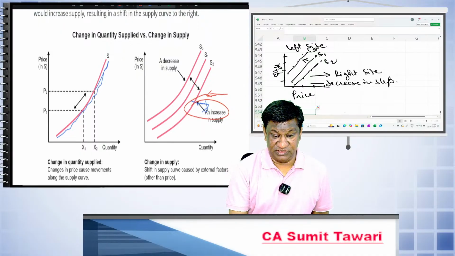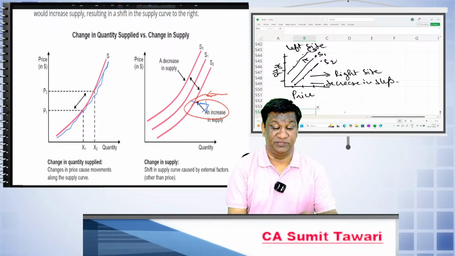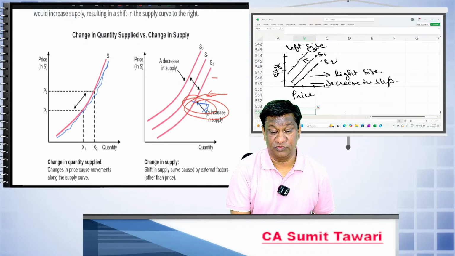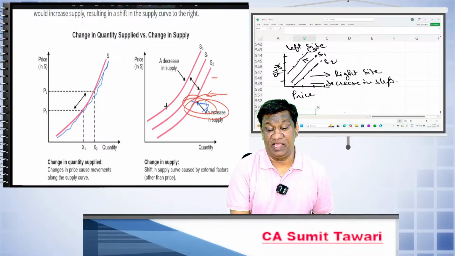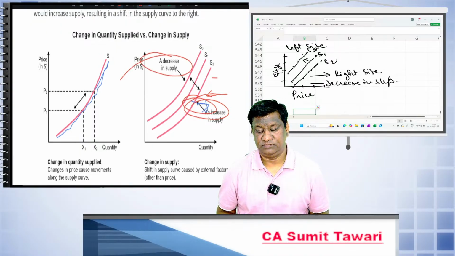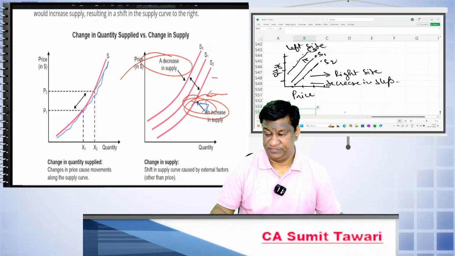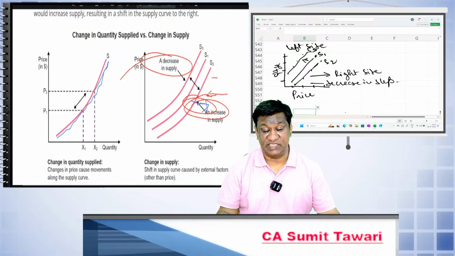If you see, these names are given in an opposite direction, but if you refer to the arrow, then you come to know. If the curve shifted to the left side, that means it is an increase in supply. If the curve shifted to the right side, that means it is a decrease in supply. The exact opposite holds for demand also.